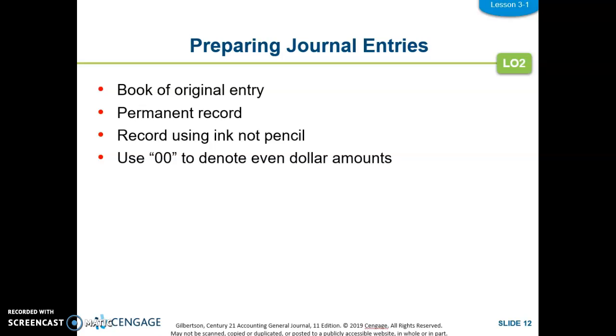When an entry in an amount column is an even dollar amount, 2 zeros should be added to the cents column. If the column were left blank instead, there might be a question about whether the amount was omitted. Now, even though accountants record using ink and not pencil, we are using pencil because we are learning, so please do not use pen.